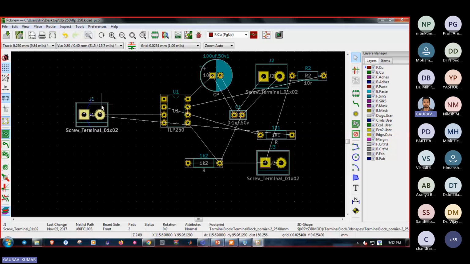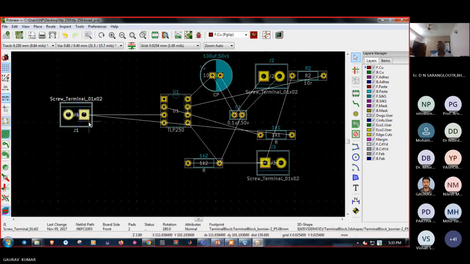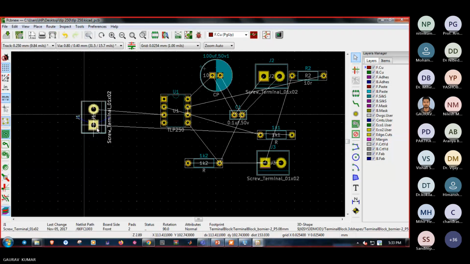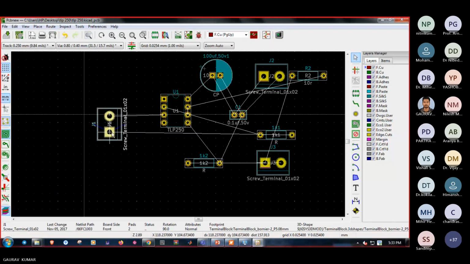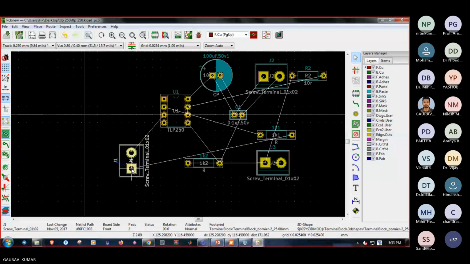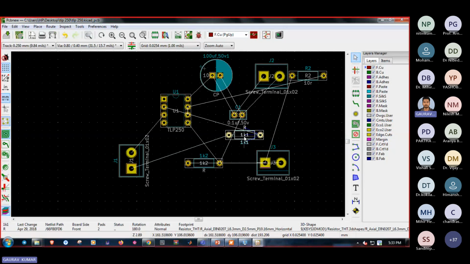If you press R, then it will be rotated. This is the input resistances.